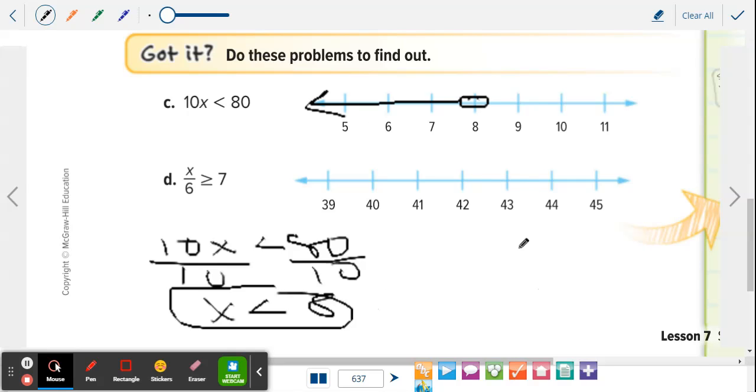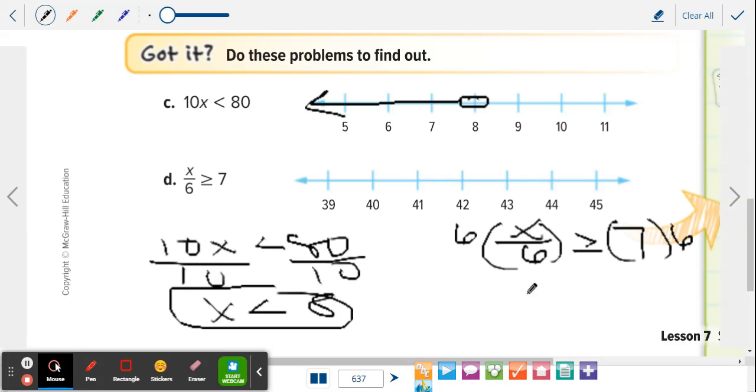All right, and letter D, x divided by 6 is greater than or equal to 7. So what do we got to do now? Well, this is division, so what's the opposite? Multiplication. Okay, so that cancels. You get x is greater than or equal to 42.